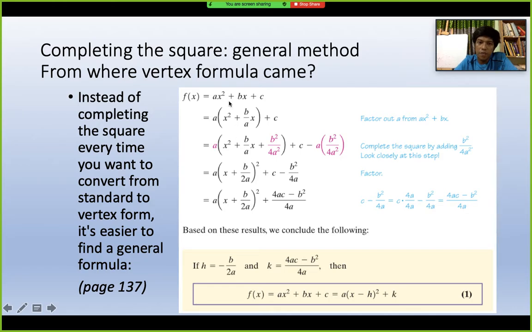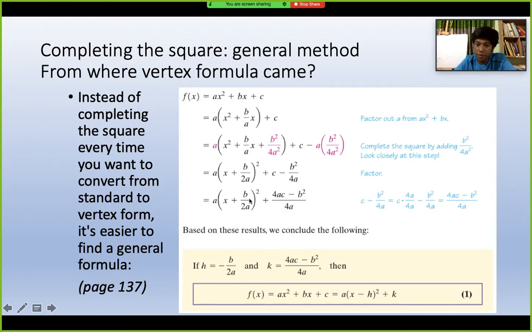You see, if we try to write this function, f(x) equals ax square plus bx plus c, in terms of vertex form, x plus or minus something, whole square, plus something. Remember, a into x minus h whole square plus k. If we want to write it in that form, this is the form that it takes.